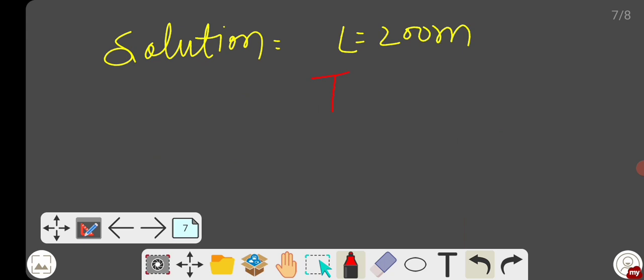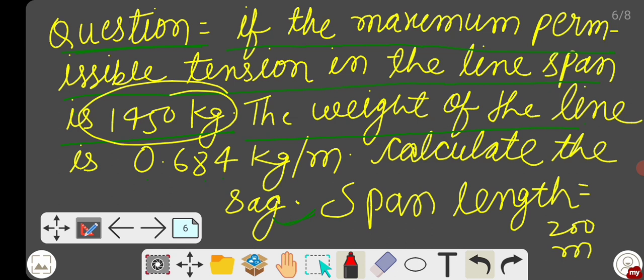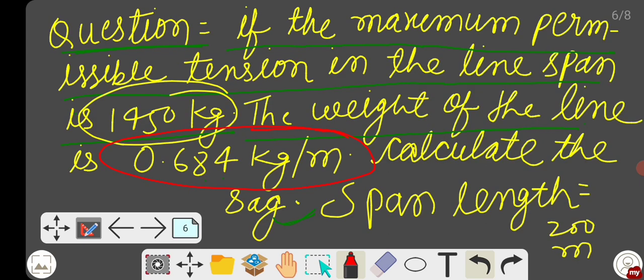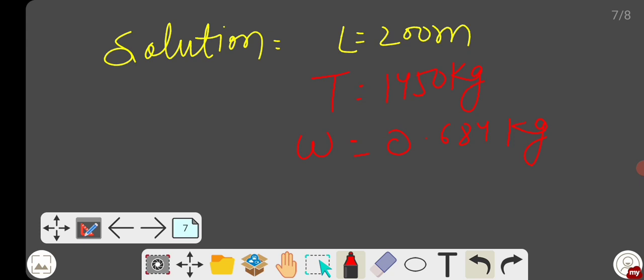And we can also write the weight of conductor per unit length is equal to 0.684 kg. Now we have to calculate the value of sag, that is S. As we know, S is equal to W L square by 8T.